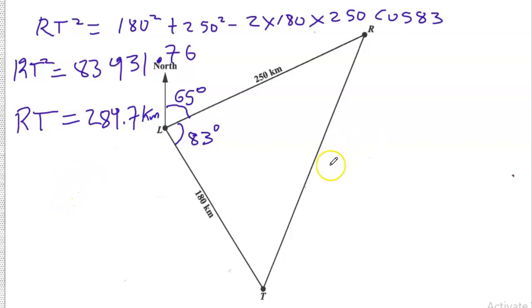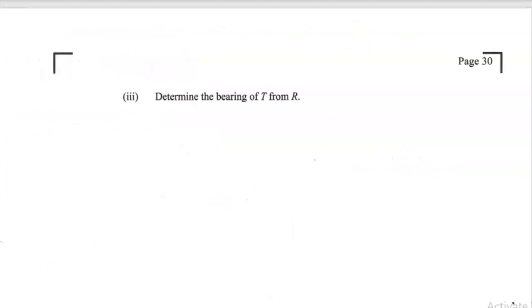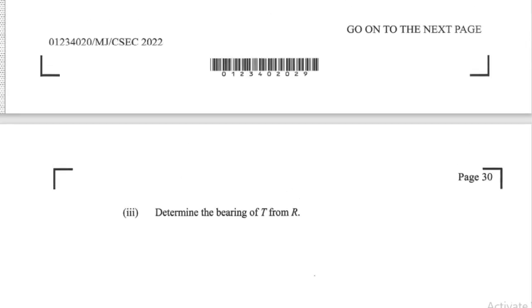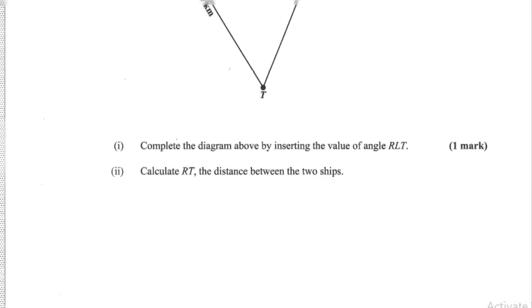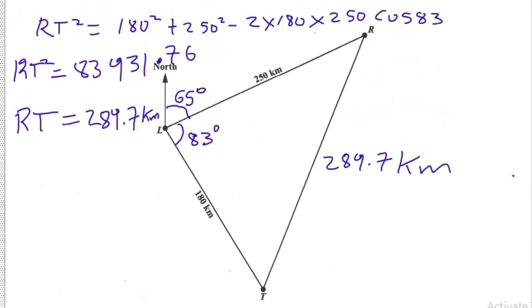So that's RT, 289.7 kilometers. Next, we're asked to determine the bearing of T from R. So the bearing of T from R.